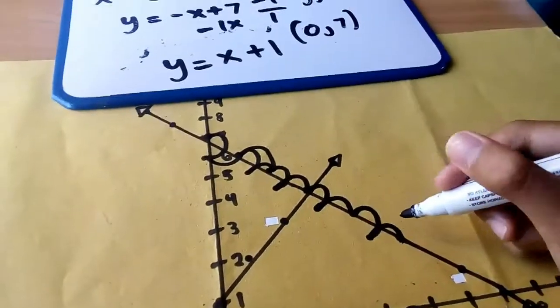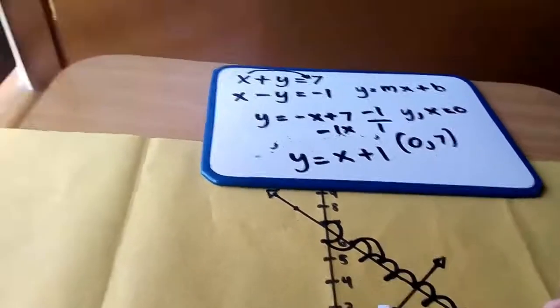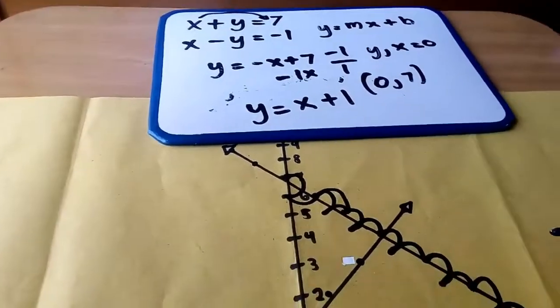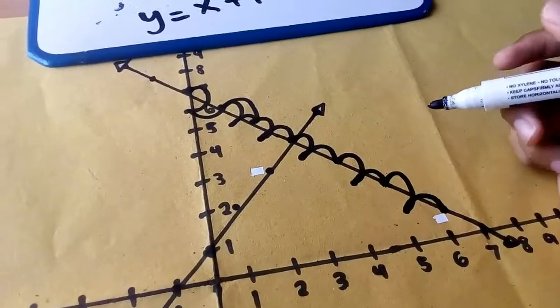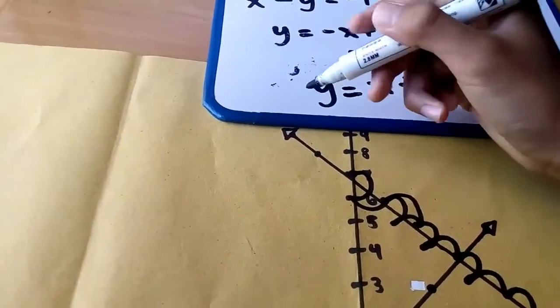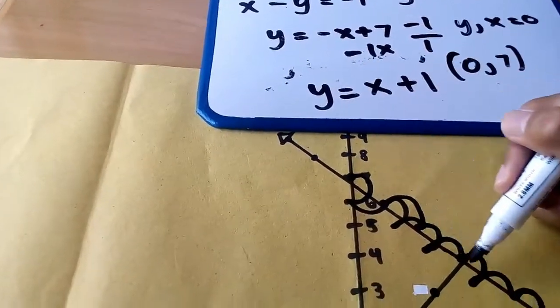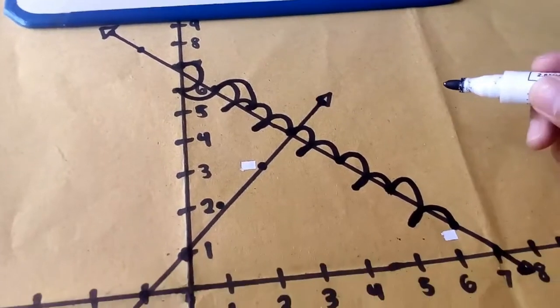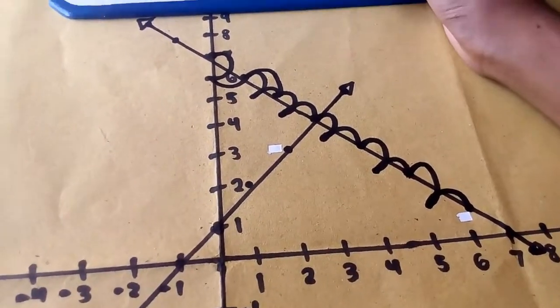Now, that is the pattern of this line. Okay. So, from all of these points, we can draw a line. All of those points are solutions to the equation.